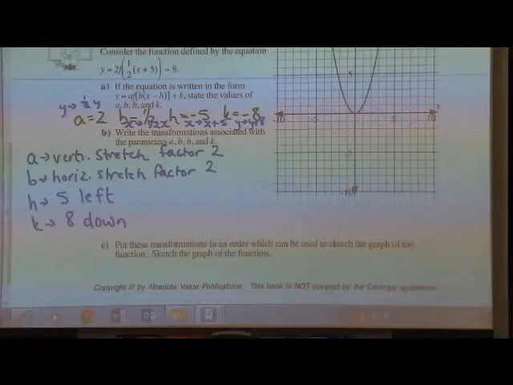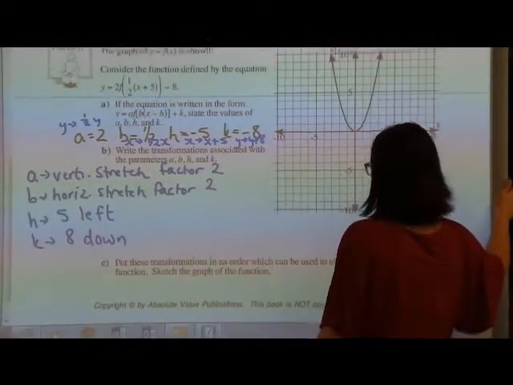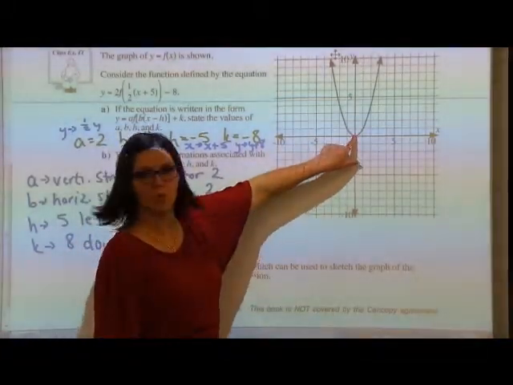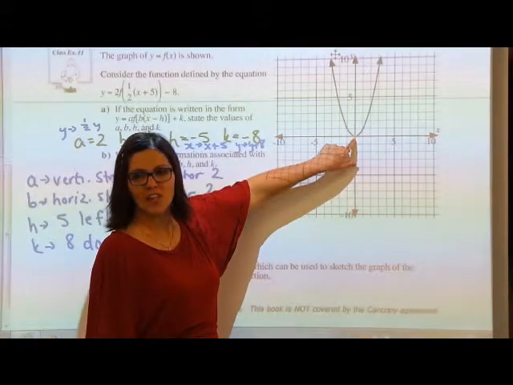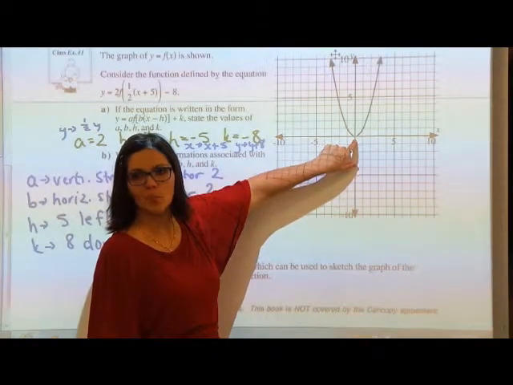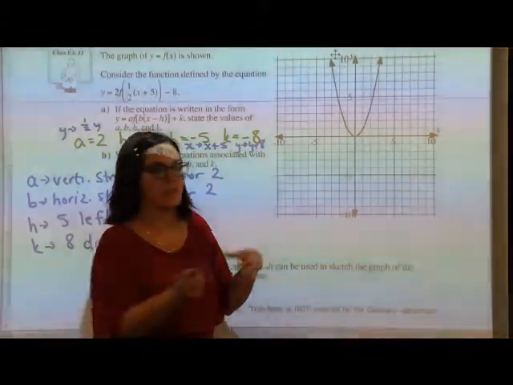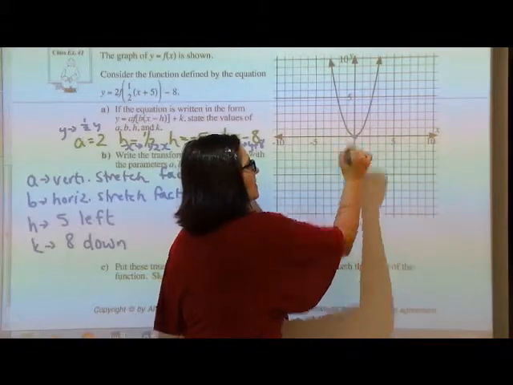So when I'm looking at this graph, if you look at the vertex, which is at 0 and 0, if I stretch that 0 and 0, is it going to move? No, because I'm multiplying them both. It's 0. When I multiply it by anything, it's going to stay where it is.